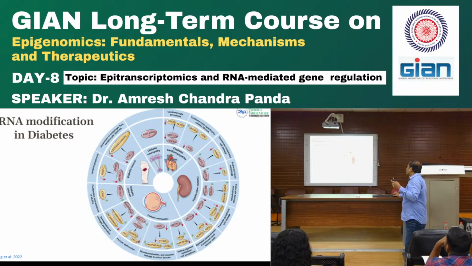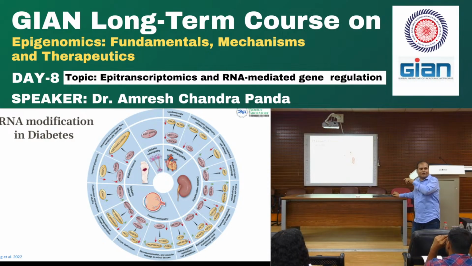Okay, so a lot of modifications have been known for different genes on different RNAs in different conditions, like diabetic cardiomyopathy or diabetic nephropathy. So different conditions have different modifications.